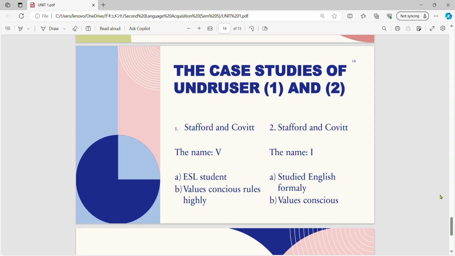So this person named V was an ESL student, and he had a value consists of rules highly. It means that the student gave high value to learning but doesn't use it properly and doesn't make English part of his daily life.